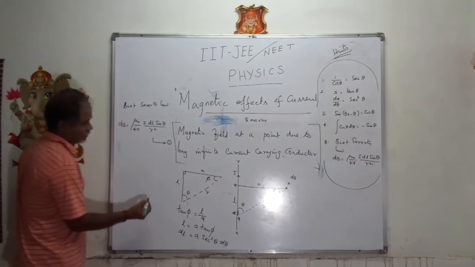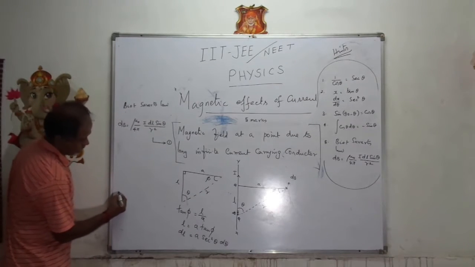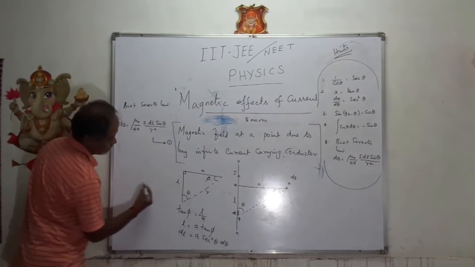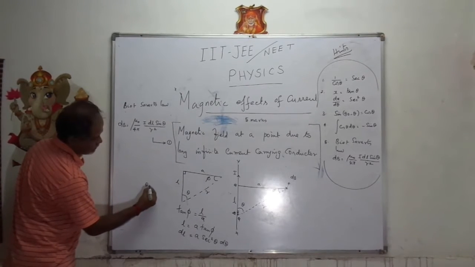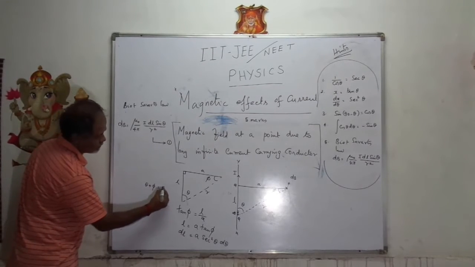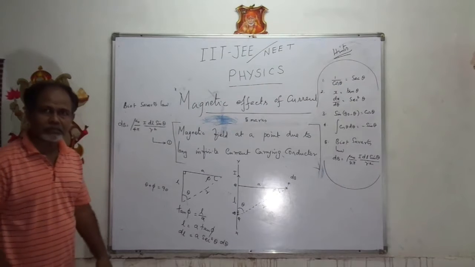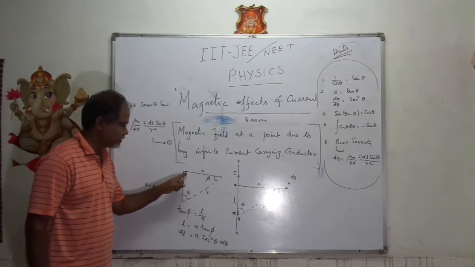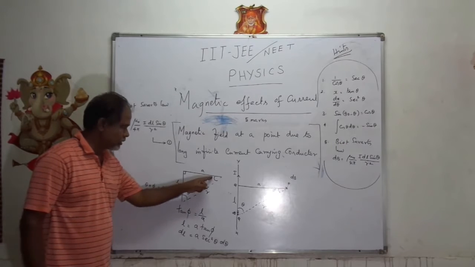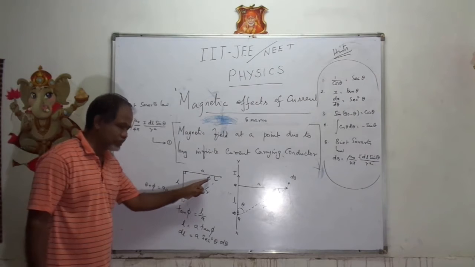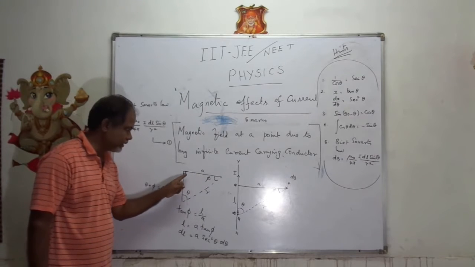Another case. Let us consider theta plus phi is equal to 90. How is this possible? Theta, phi, and this 90: the total angle is 180. Then theta plus phi is equal to 180 minus 90, that is 90.